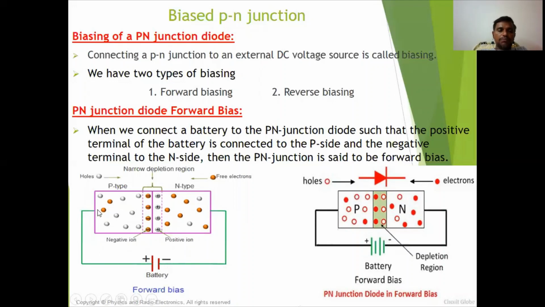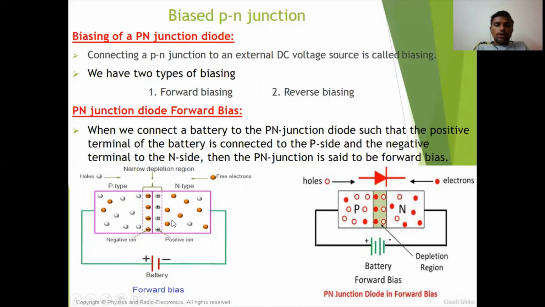At the same time, near this positive terminal, in the p-type, one electron will be released due to these forces, and that electron release means automatically there will be an empty space. That empty space we consider as a hole.